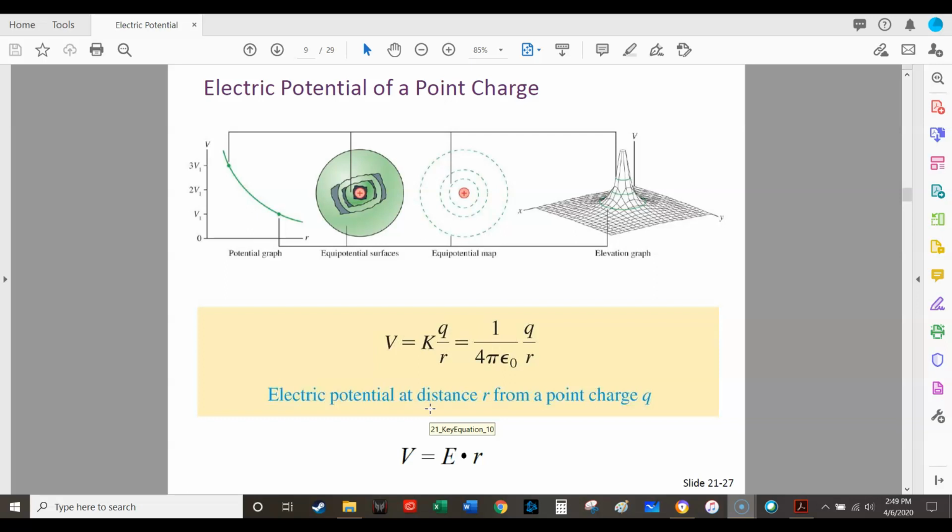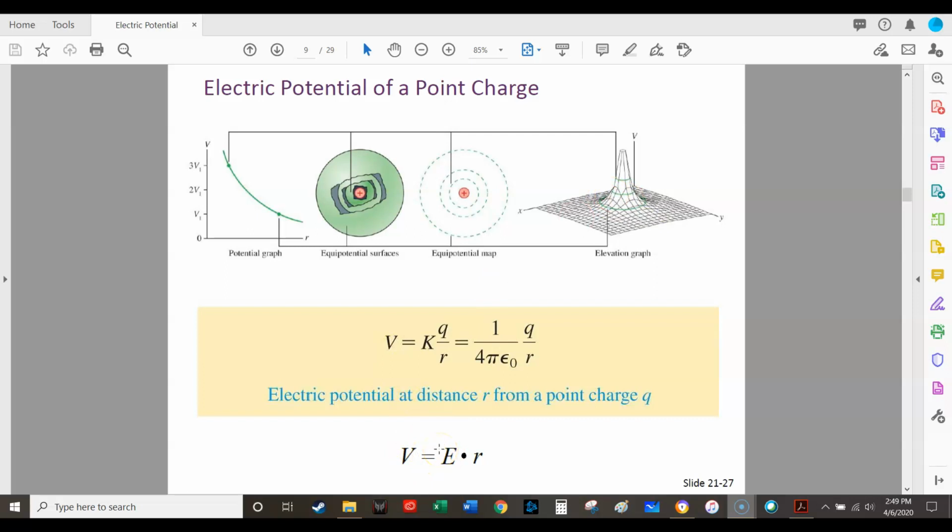It's like saying this: the electric field is to force as voltage is to energy. All right. So voltage is another interpretation of the electric field, and since we've integrated that electric field, what we find is that you can view this voltage as a scalar.